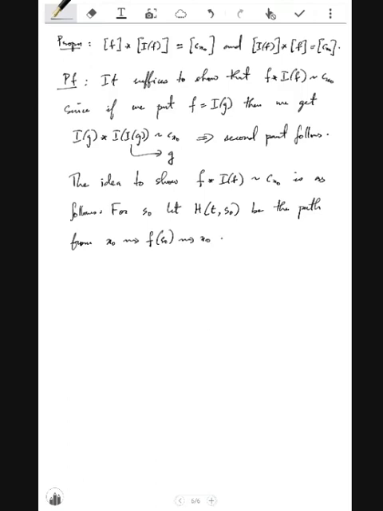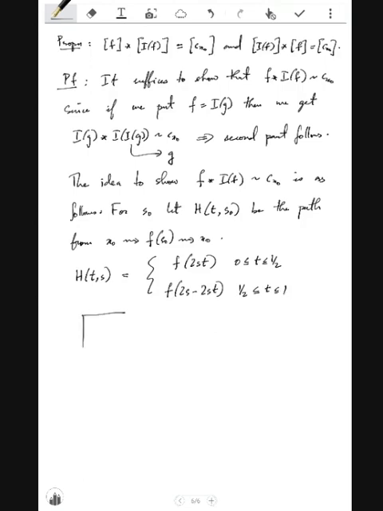So more precisely, we define f of 2st when t lies between 0 and half, and f of 2s minus 2st when t lies between half and 1.